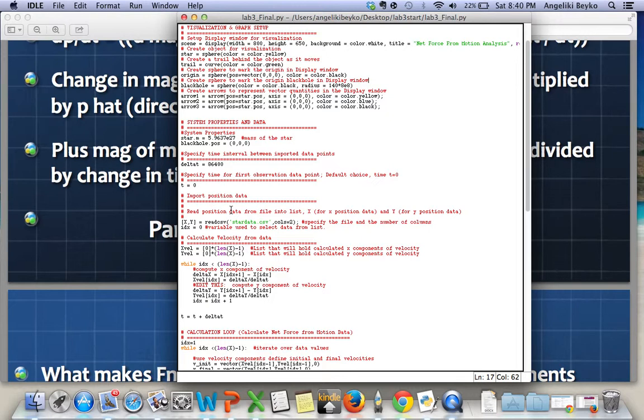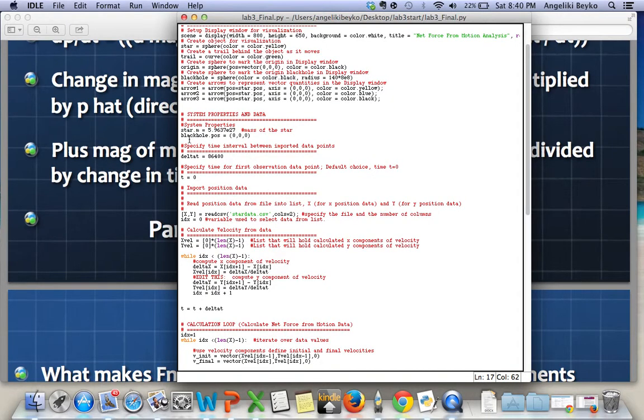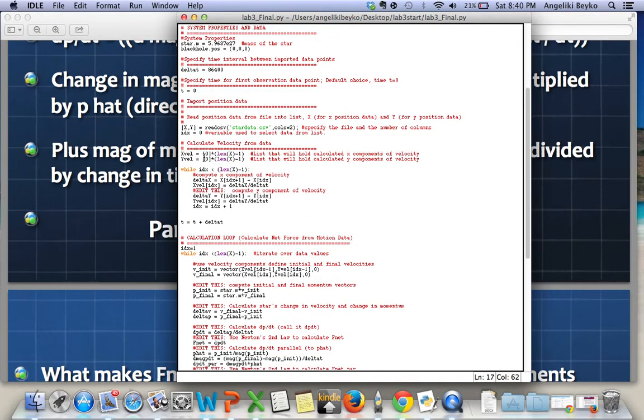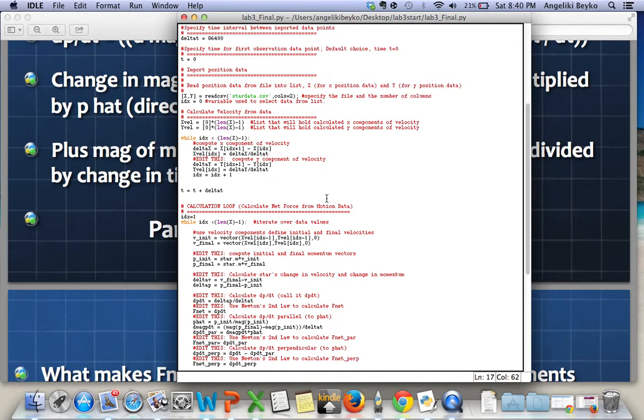Then we initialize the properties: this is the black hole position at the origin, the star's mass, and delta t, the time step for one day in seconds. This is where we start our clock. Then we initialize the lists that are going to hold the x and y components of the velocity.